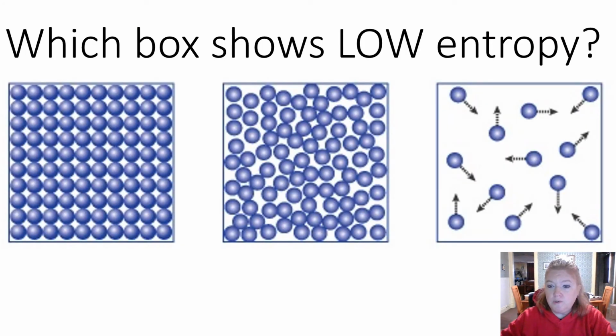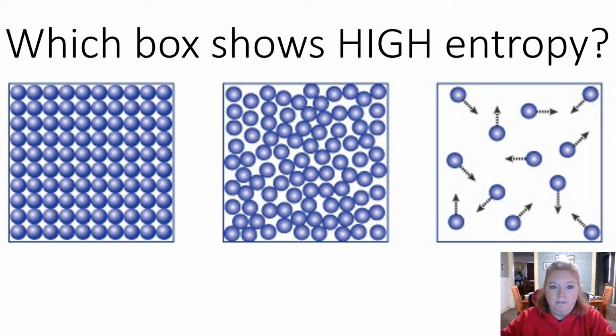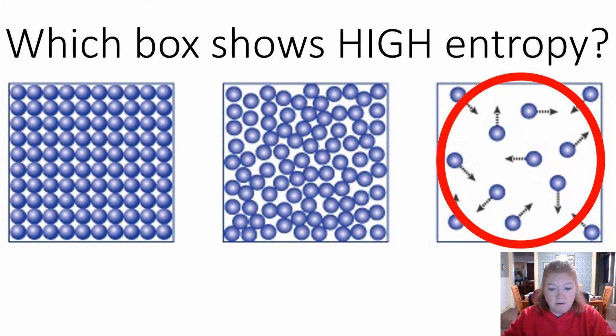Which box shows low entropy? Right here, strong intermolecular forces, particles held close together. Which box shows high entropy? Gas, particles far apart, they can move around freely, weak intermolecular forces.